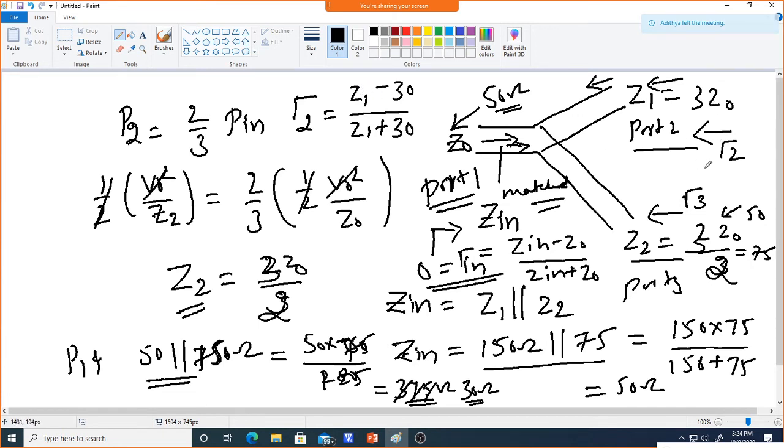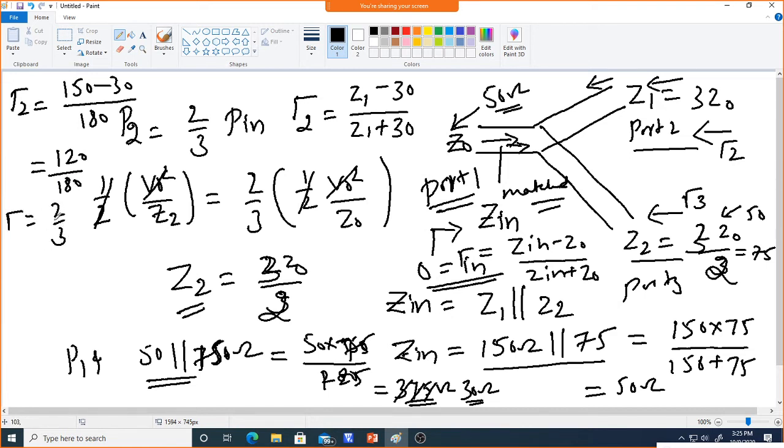Z1 will be your 150 ohm. So 150 minus 30 divided by 150 plus 30, that is 180. So this will be 120 by 180, so your gamma will be equal to 2 by 3. Now this is the reflection coefficient seen at port 2.